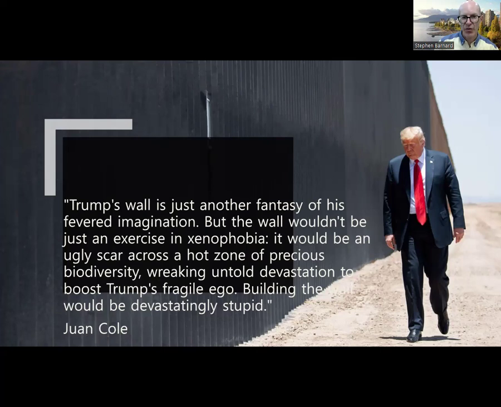One of the reasons why I included this quote is because I think there are many people who would be inclined to agree with Juan Cole's argument. However, even if you agree with somebody's argument, it's important to keep in mind that you have to notice the emotionally loaded language that is being used here.